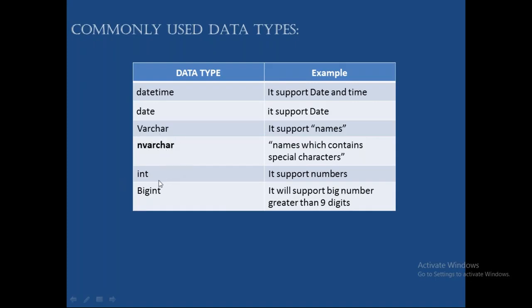Int means any number, like product ID, customer ID, serial number. Bigint means the same kind of number, but a bigger one. For example, if the number has more than 9 digits, like phone numbers, then you need to go with bigint. These are the commonly used data types, but apart from this, we have other data types as well.